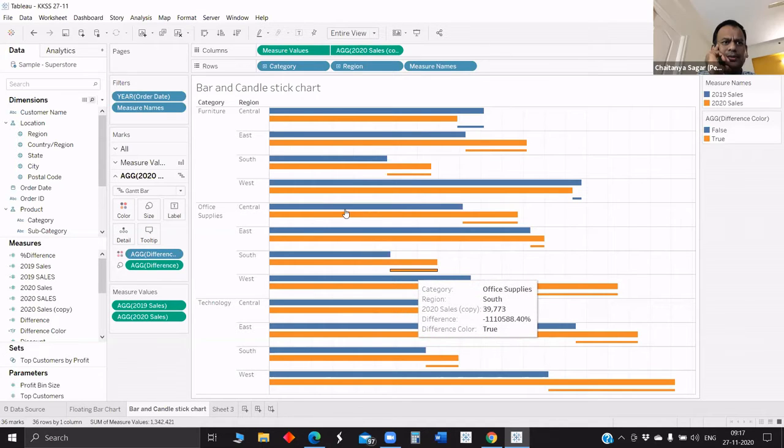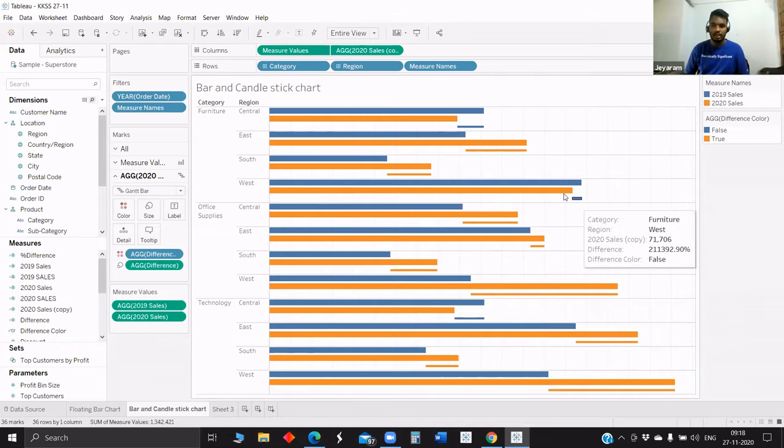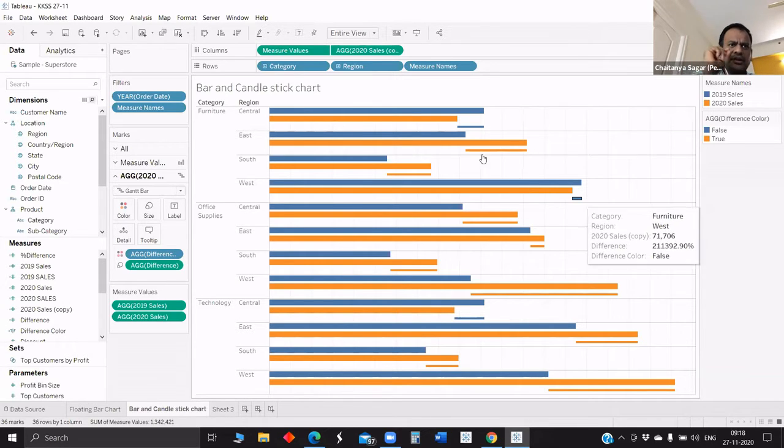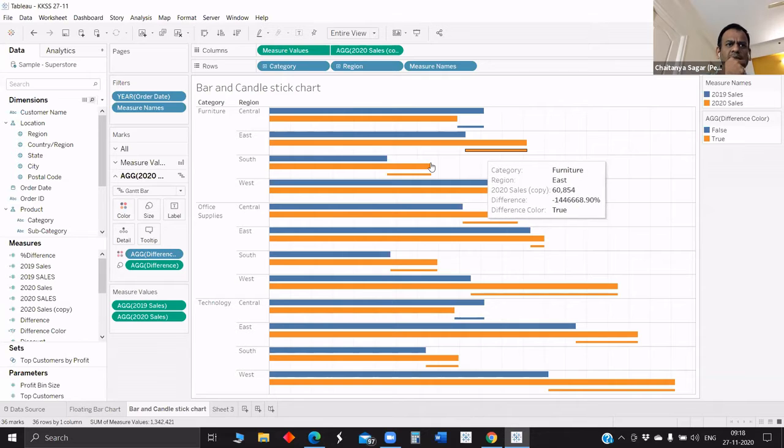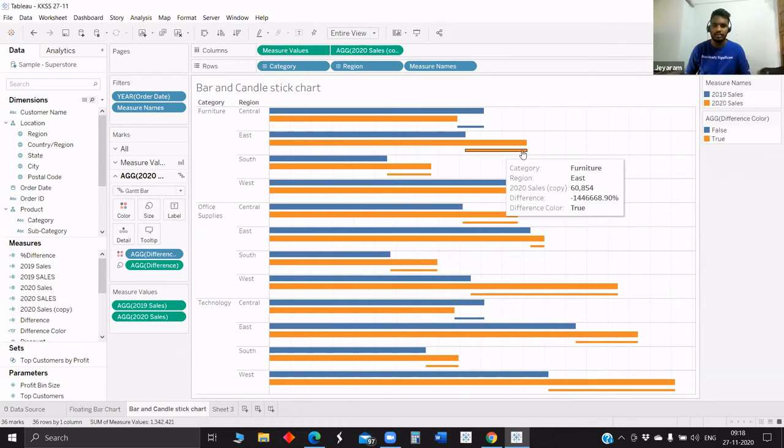We are showing 2019 sales in blue and 2020 by orange, and we are showing the difference here. Got it. And all the bars are of the same width, right? Yeah, width is the same. The length just tells us how different it is.